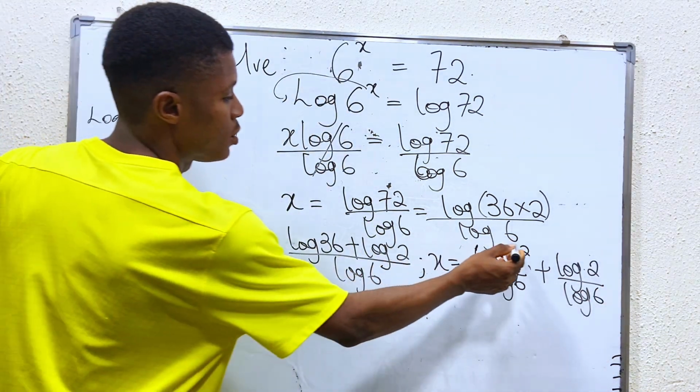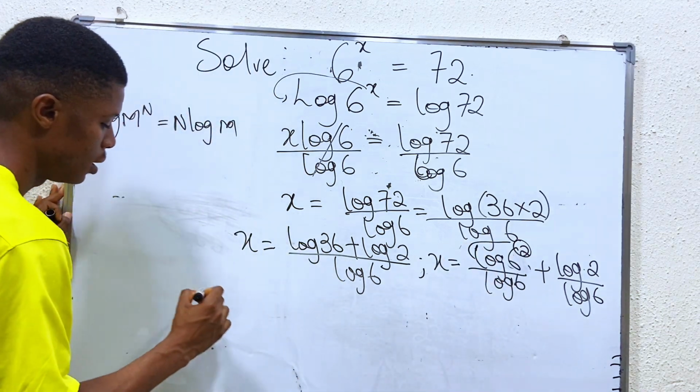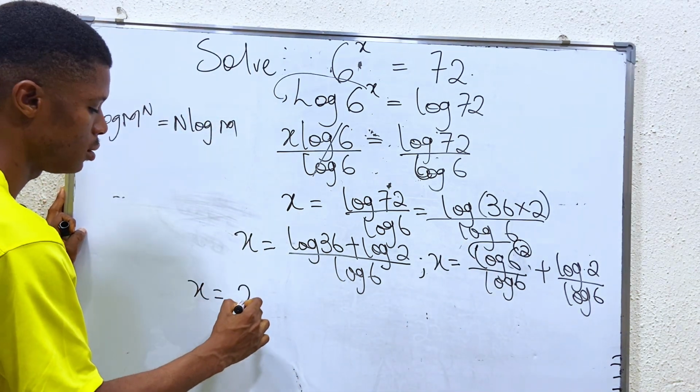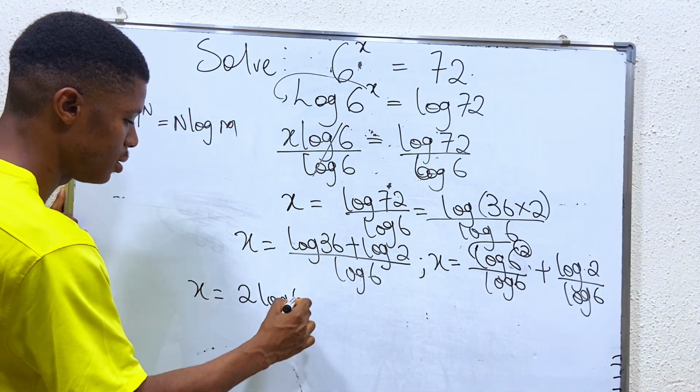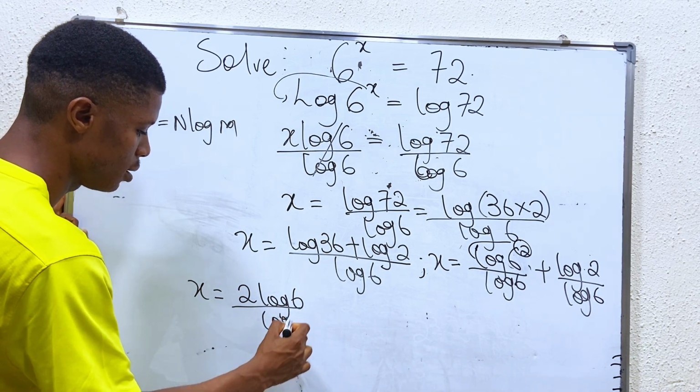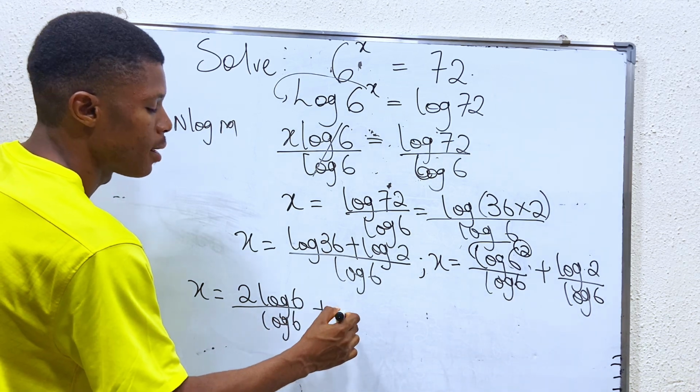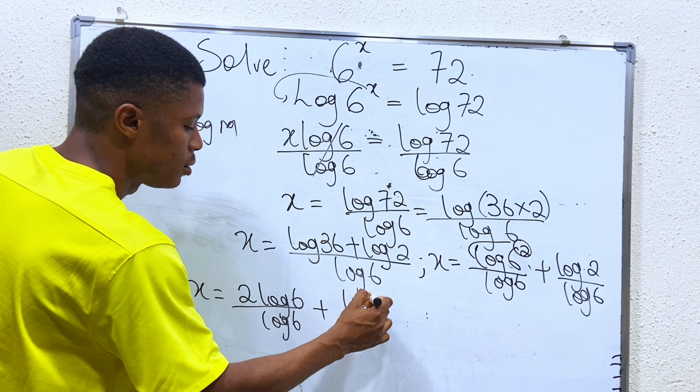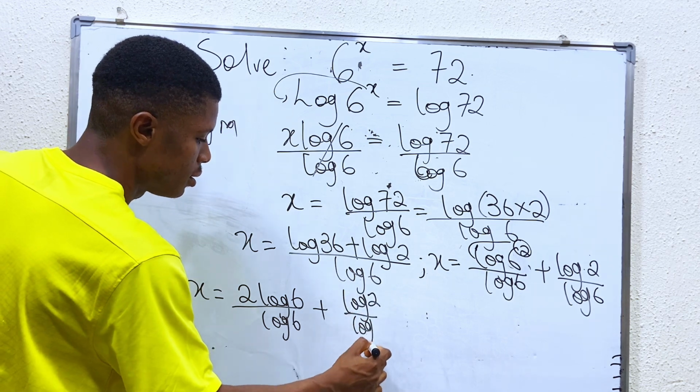We have this. These two now will multiply the log. So x is equal to 2 log 6 over log 6, then plus log 2 over log 6.